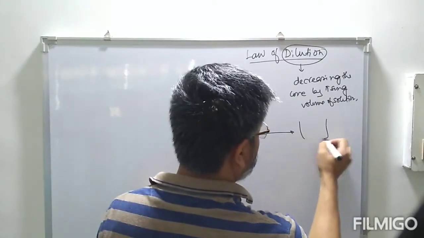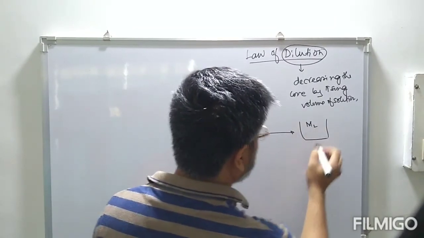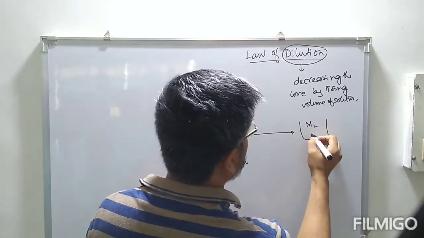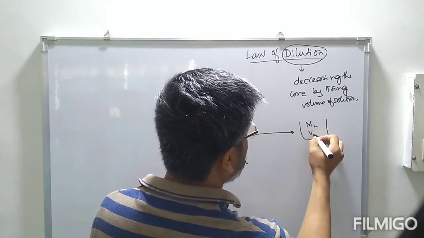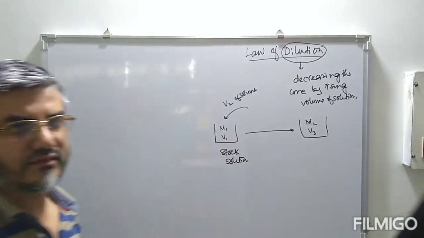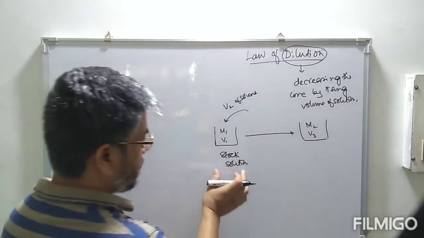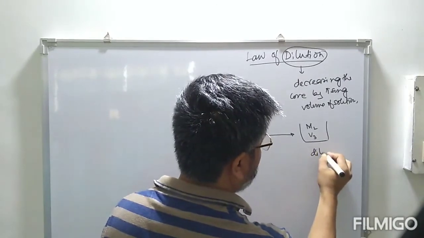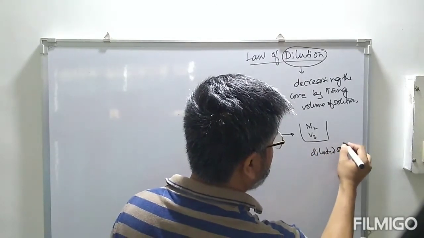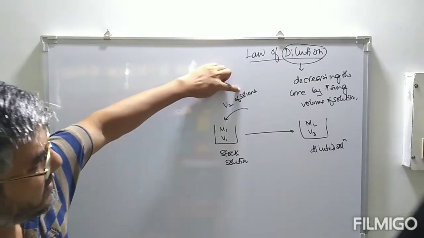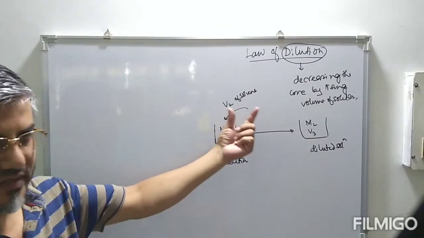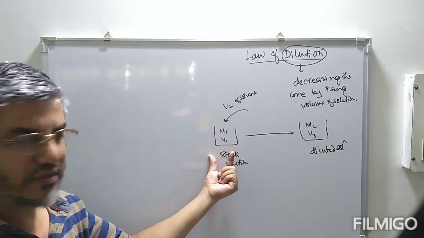After this it is converted into concentration M2 and total volume V3. This is the stock solution, this is the diluted solution. So during this process, we are increasing the volume of solvent in this stock solution.